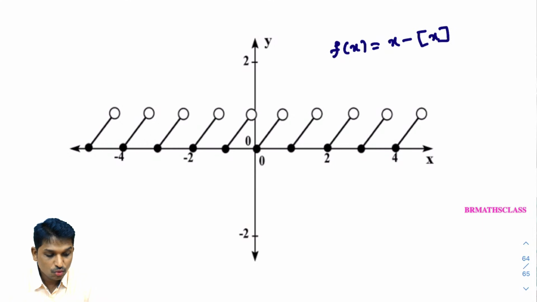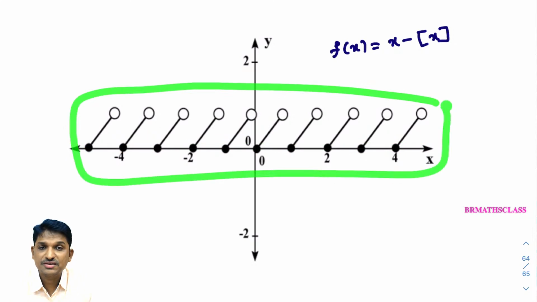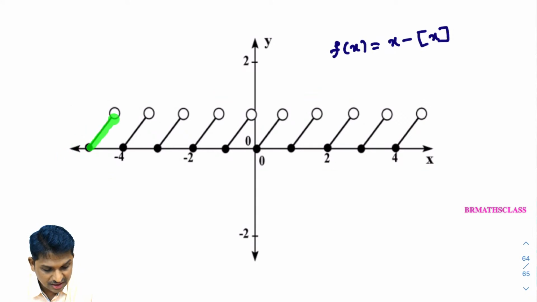Now what you will say? Where it is continuous, where it is discontinuous. What is domain of this function? Domain of this function is all real numbers. Is it a continuous function? By seeing the graph, immediately you can say it is continuous or discontinuous. Is there any gap? You look here, the graph starts here, gap is there at the integer. Now look here, the graph starts here, again gap is there at the integer.